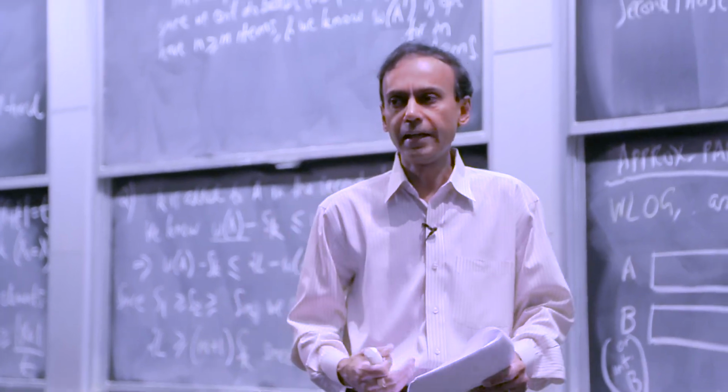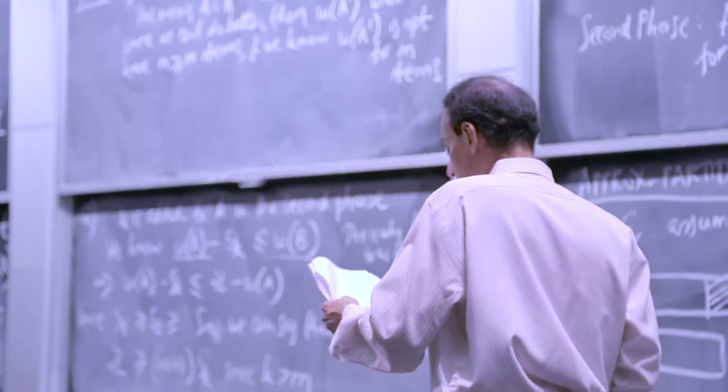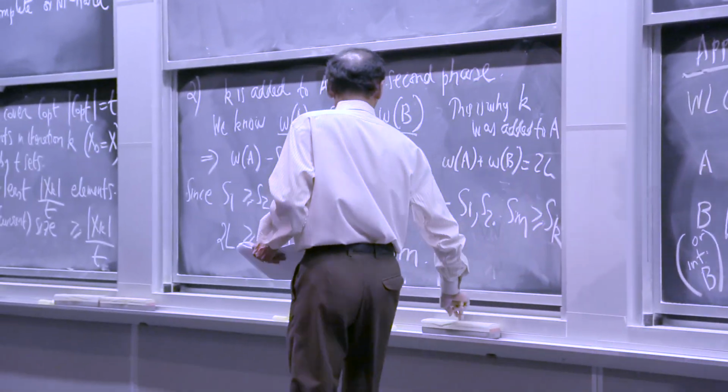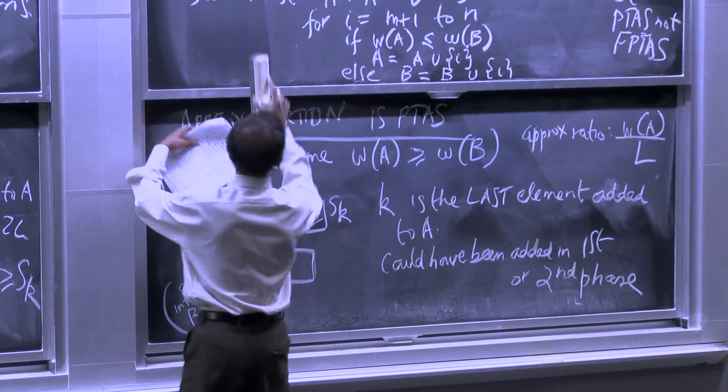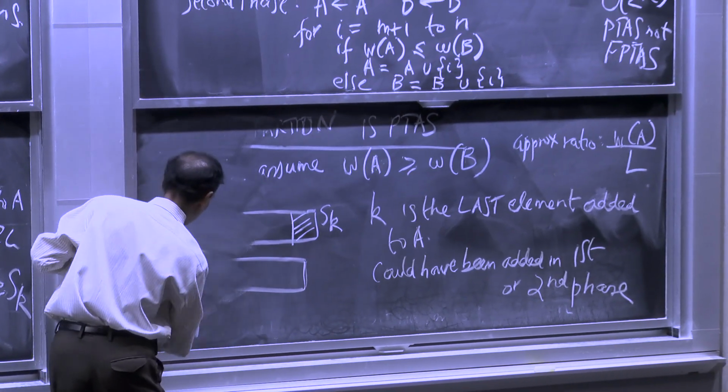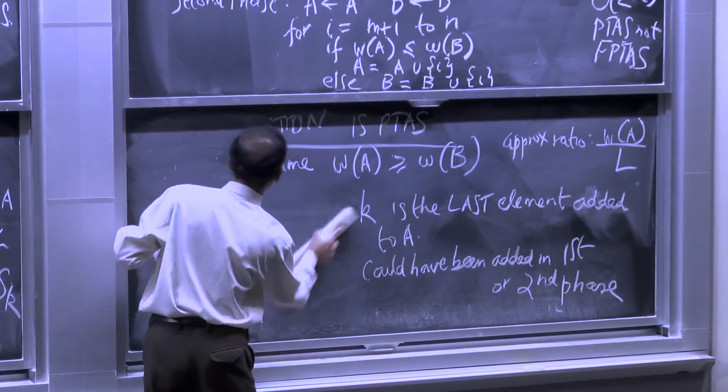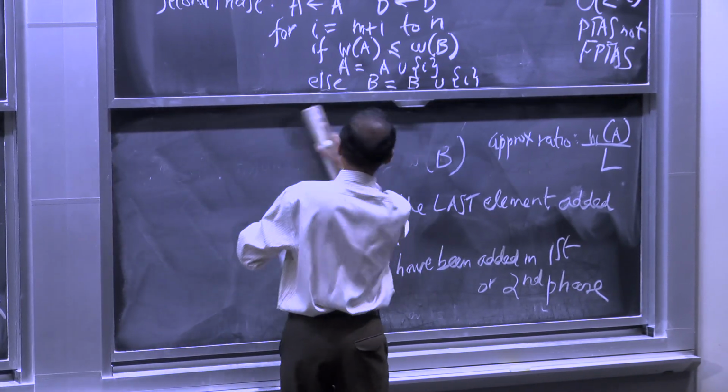And so that's pretty much it. Once you do that, you have your approximation ratio. Let's leave that up there because that's the algorithm. Finish this off with a little algebra.